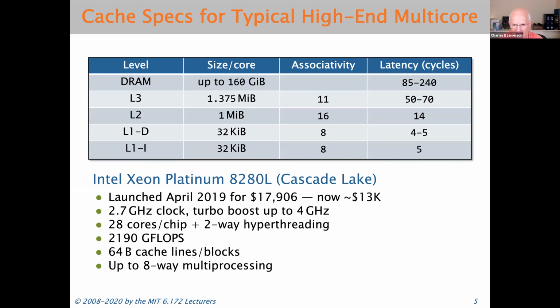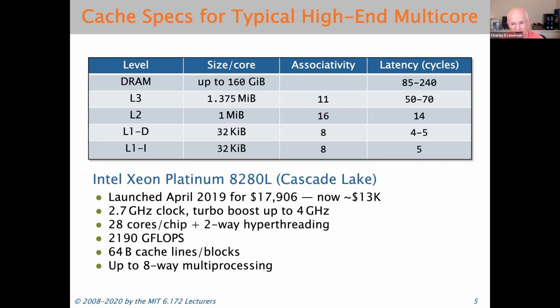Now, it's helpful to have a general idea of the parameters of a cache hierarchy. So here are some numbers that I grabbed from an Intel high-end server, the Xeon Platinum 8280L. As you know, the memory system doesn't manipulate individual words.